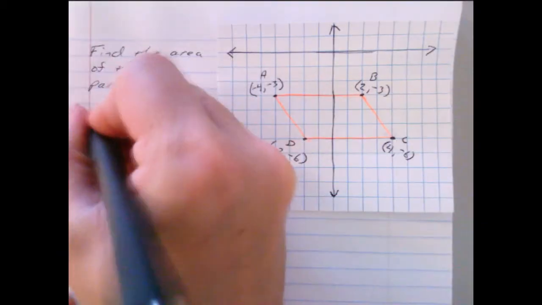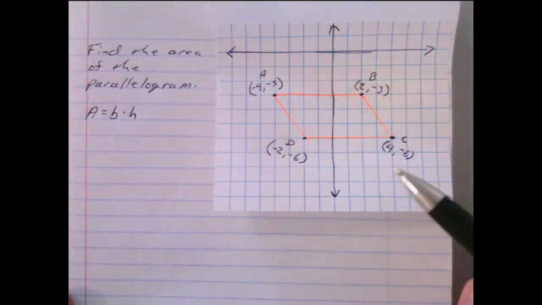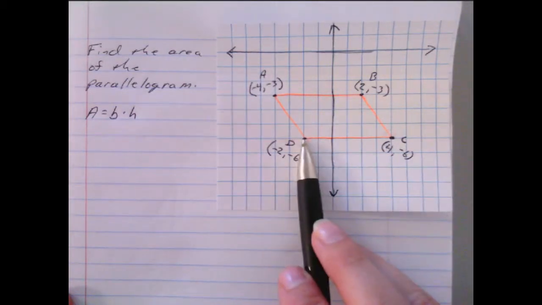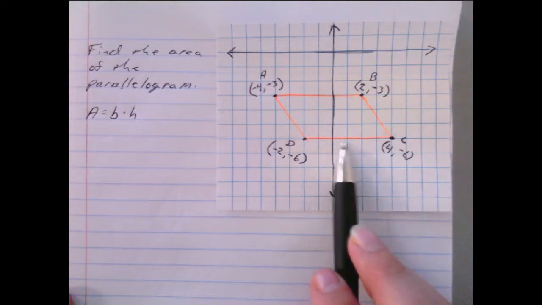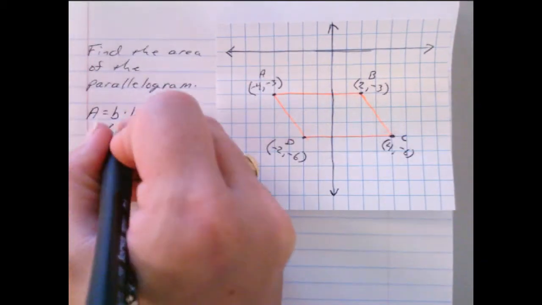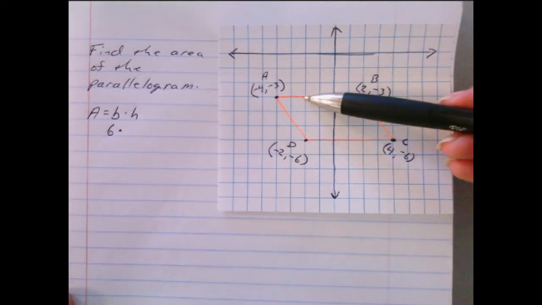But my formula, area equals base times height. For this one, I think these are much easier because you actually have squares to be able to count. So my base here, I have 1, 2, 3, 4, 5, 6, a total of 6 units for my base. And then my height, I'm going to go straight up to my second base.